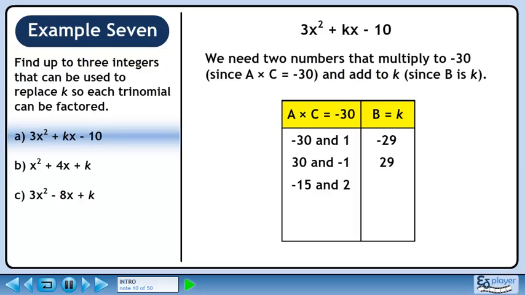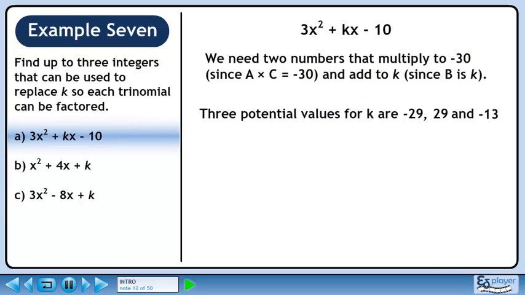Now we'll try minus 15 and 2. These numbers have a sum of minus 13. Three potential values for k are minus 29, 29, and minus 13.